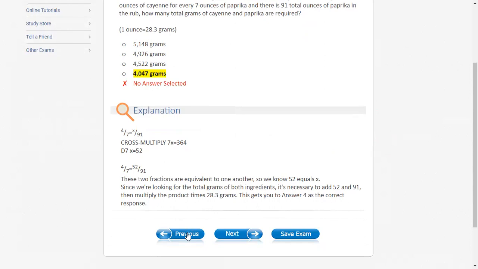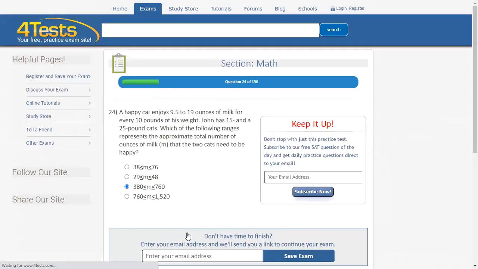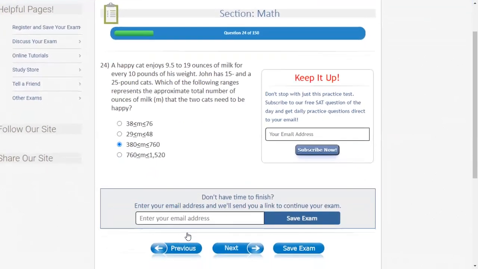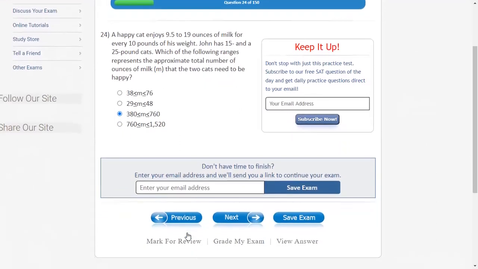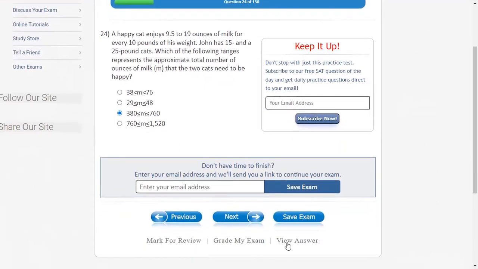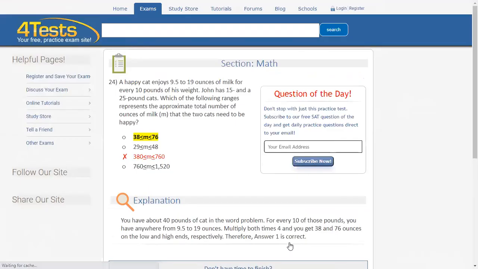Anyhow, we are just moving to the previous question that came out just now. So your choice was second last, and we are just looking for the answer. Once again, look at the explanation. You have about 40 pounds of cat in the word problem, 40 pounds.